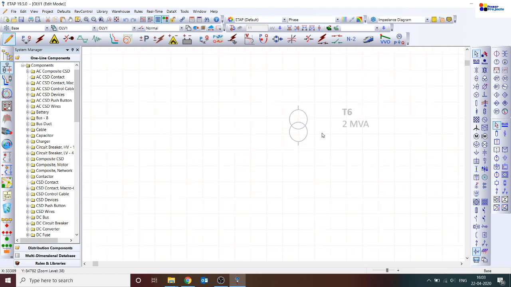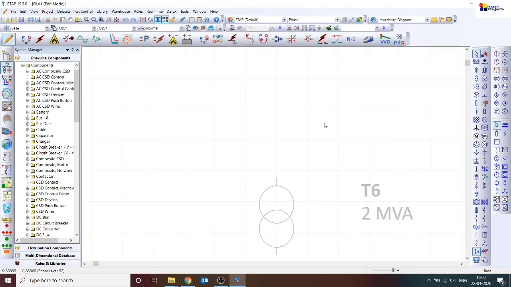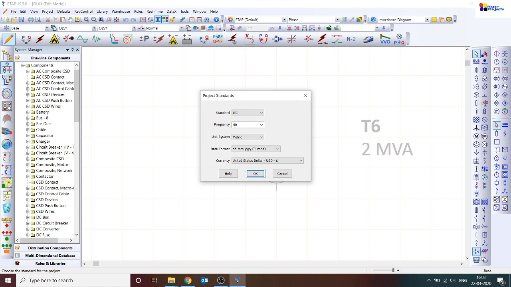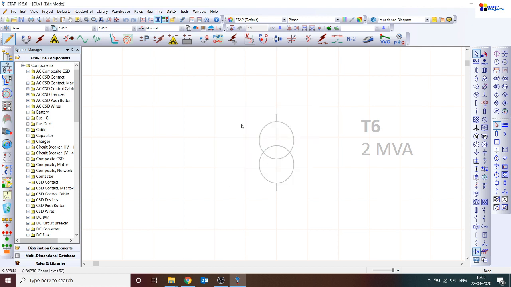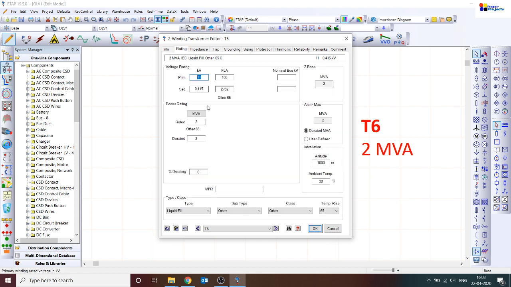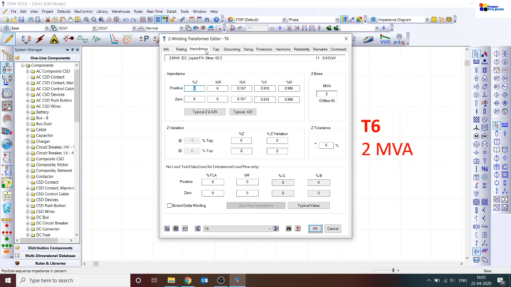I have taken a 2 MVA transformer. The system frequency is 50 hertz, so the transformer is designed at 50 hertz. You can see the transformer rating is 2 MVA, and the transformer impedance is 6%. If the same transformer is used at 60 hertz, what will be the impact?